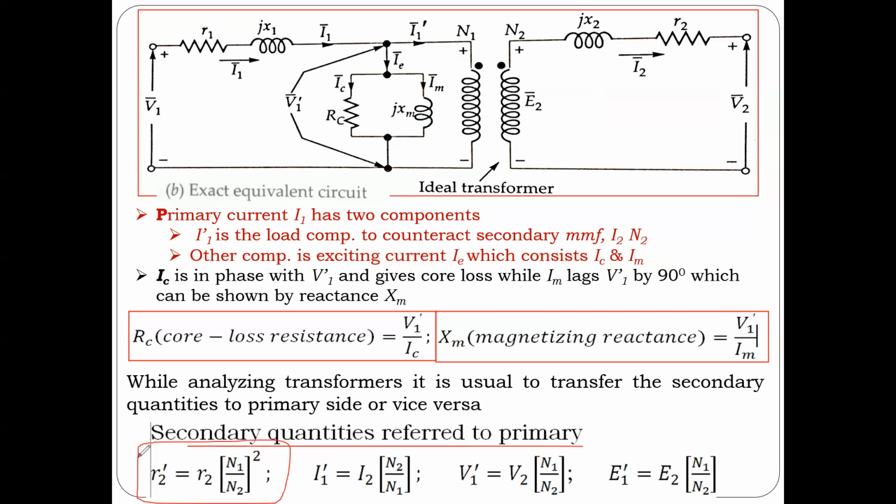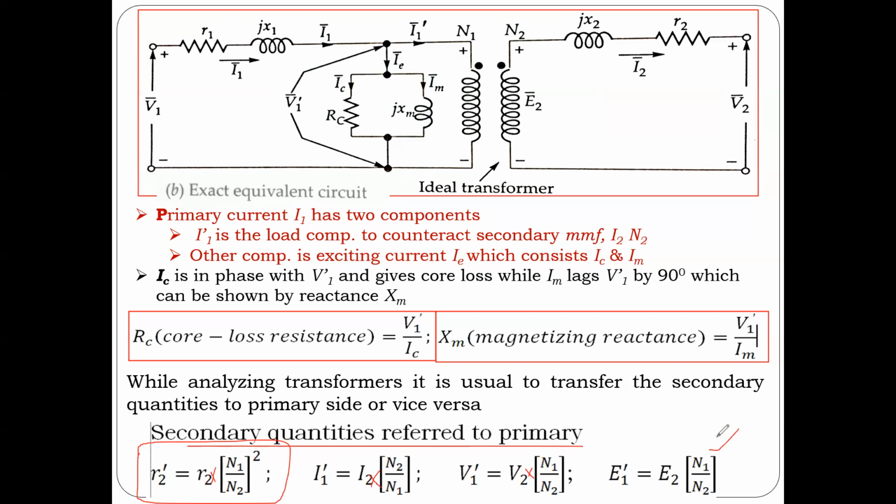The resistances and impedances would be multiplied by the square of the turns ratio. The currents would be multiplied by the inverse ratio of the turns. The voltage would be multiplied by the direct ratio of turns.